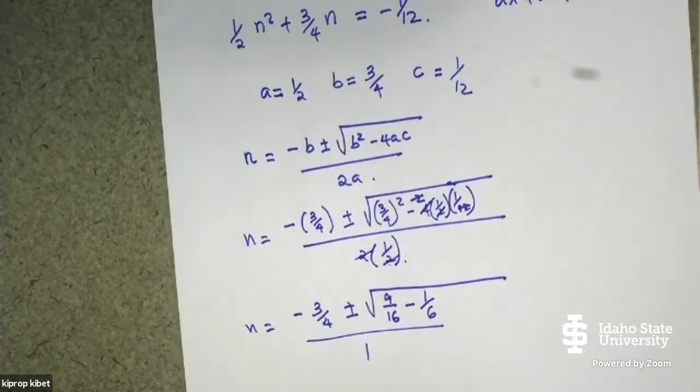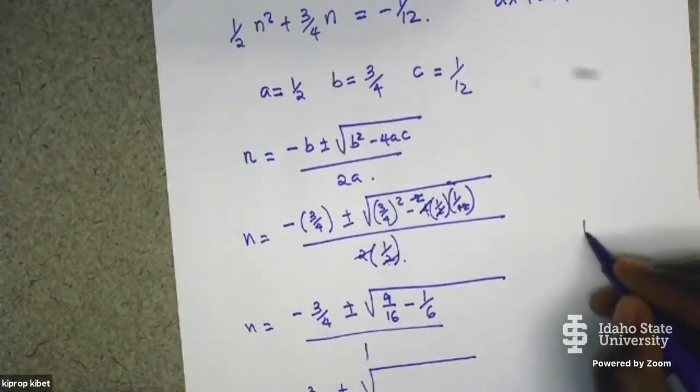And finally, our n equals minus 3/4 plus or minus the square root of, what is our least common multiple there? What is the LCM of 16 and 6?